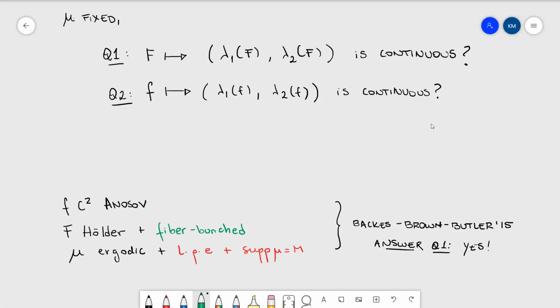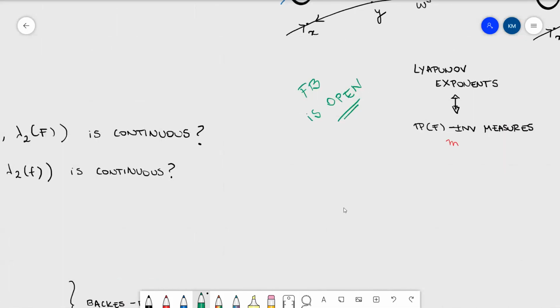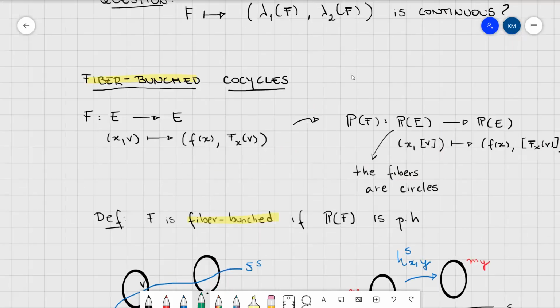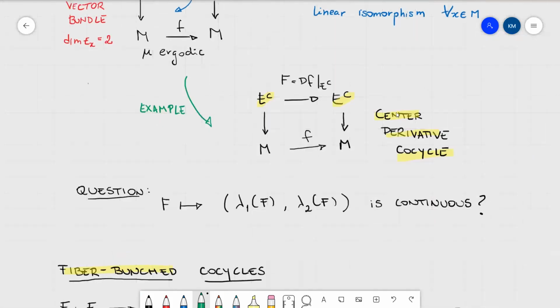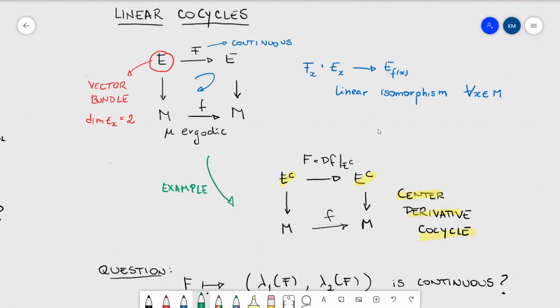But, okay, so answering the question, this one was saying that I'm going to perturb only the cocycle. So I'm going to return here to give you a better picture of the problem. So I am here. Maybe when this is fixed and I'm allowing to perturb this, the situation is very different from perturbing here.